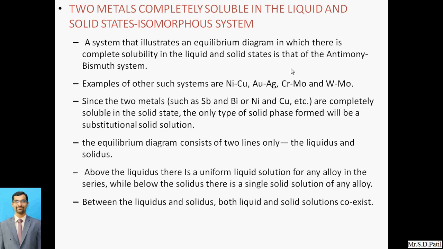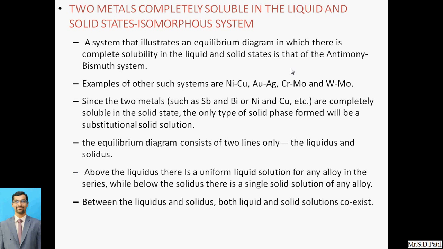There are a few examples of such systems: nickel chromium, NiCu, AuAg, chromium and molybdenum, and WMo. These are examples of alloys which are completely soluble in the liquid as well as the solid state. You can take any example for this.